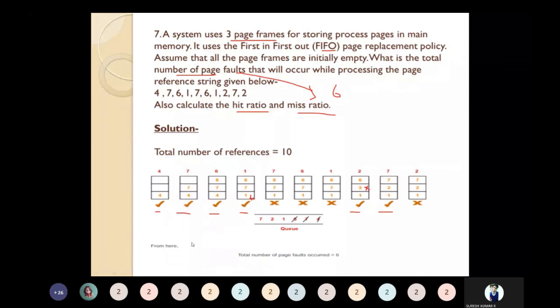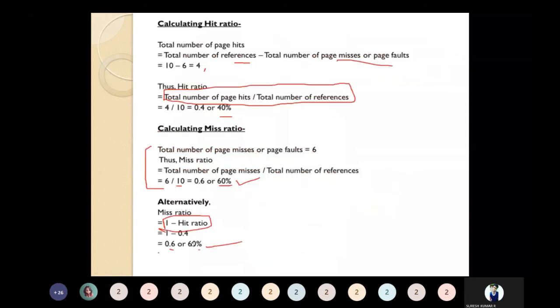The formulas for hit ratio and miss ratio are given, and for the miss ratio two alternative ways are given. Whichever is suitable for you, solve by any one method.